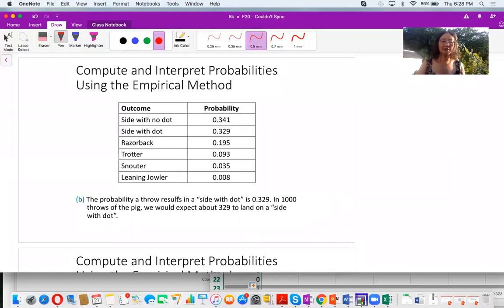So the probability of side with dot is this number here, 0.329. That means in 1,000 throws of the pig, we would expect about 329 to land on a side with dot. That is the interpretation.